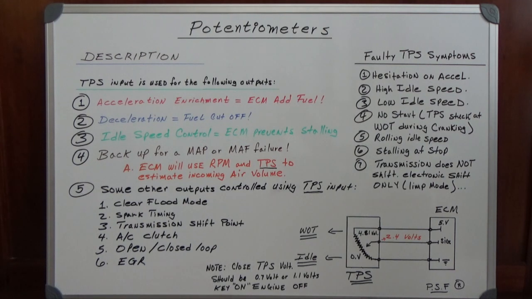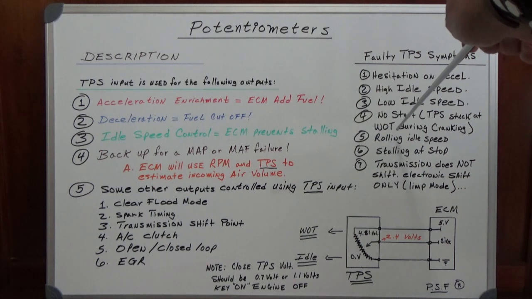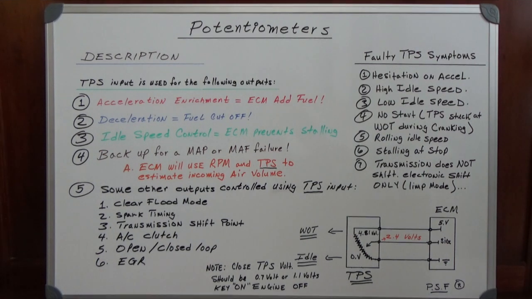We put the foot to the floor, and the TPS brings this up to wide open throttle during cranking. The car will crank, but it will not start. So we, the technicians in the field, use that a lot to do a relative compression test with the oscilloscope. Other symptoms: running idle speed, stalling at a stop, transmission does not shift, electronic shift only, limp mode.